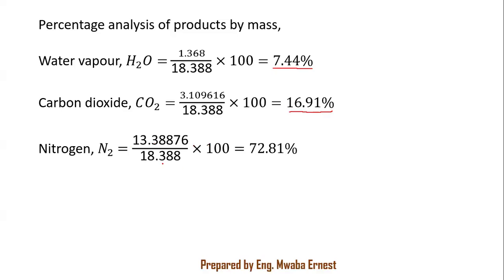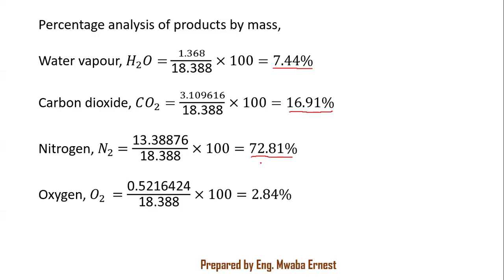So I divide by 18.388. You will notice that nitrogen ends up with a bigger composition, 72.81. I repeat, for oxygen, what we had was 0.52164424. So I divide by 18.388 times 100. My answer is 2.84%.